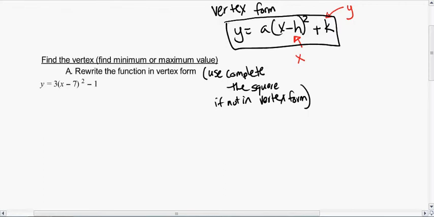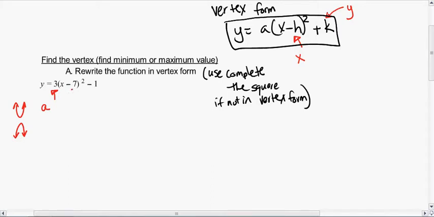So in our first example, it is indeed in vertex form, and I'm going to be able to write down what the vertex is right away. That 3 is the A, right? And that tells us whether the parabola is right side up or upside down, opening up or opening down. And we don't care about the 3.